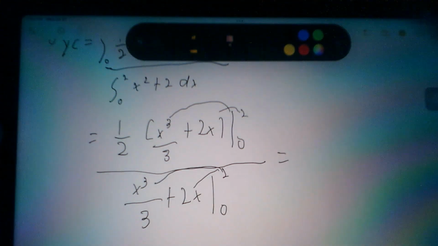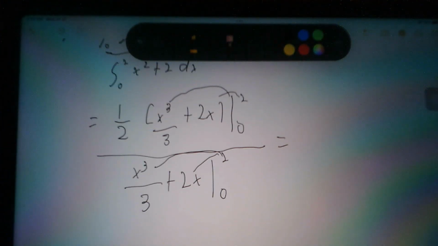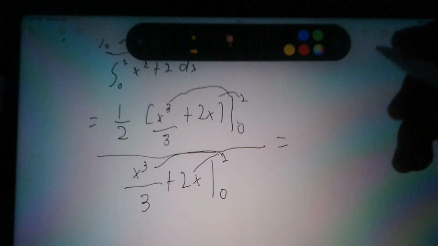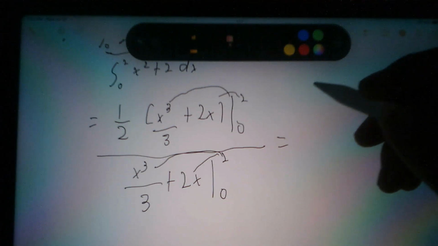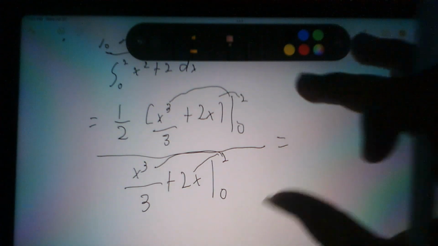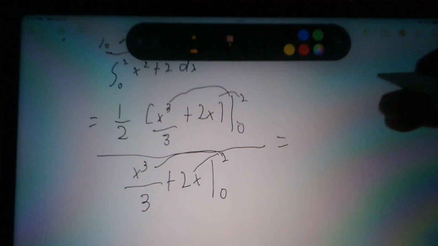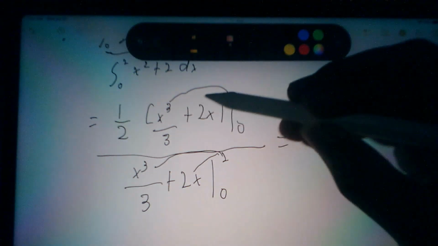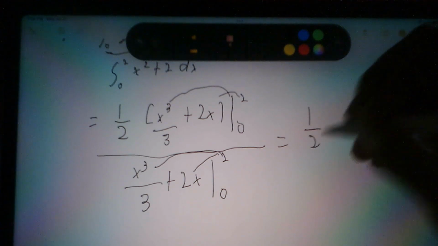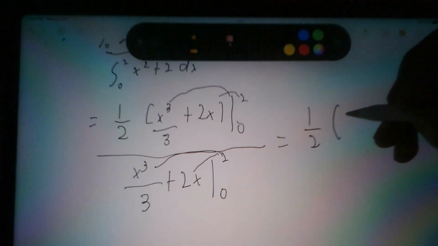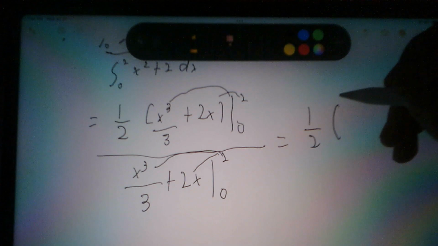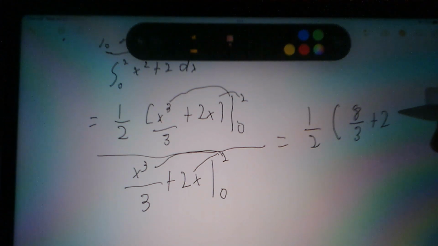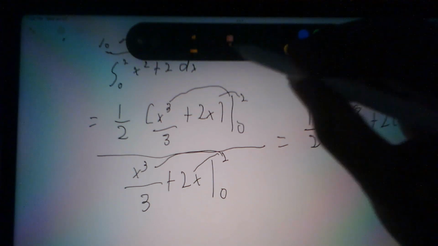Calculating this, x cubed becomes 8/3, plus 2 times 2, which is 4.